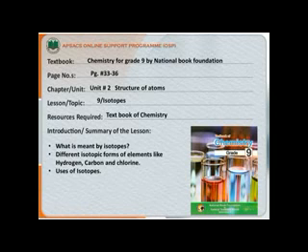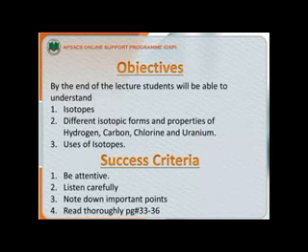The summary of the lesson is you will be able to understand what is meant by isotopes, different isotopic forms of elements like hydrogen, carbon, and chlorine, and uses of isotopes. The objectives for today's lesson are, by the end of the lecture, you will be able to understand what is an isotope, different isotopic forms and properties of hydrogen, carbon, chlorine, and uranium, and the uses of isotopes.